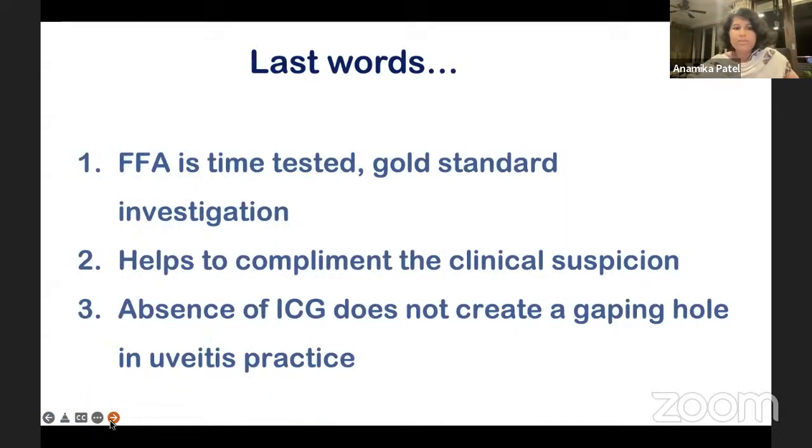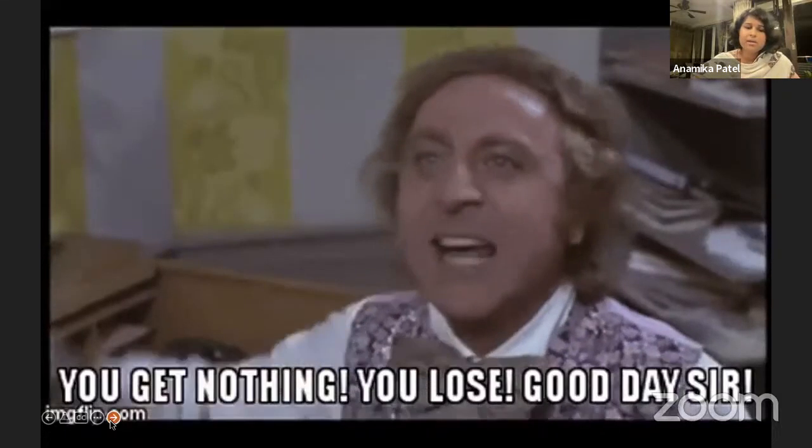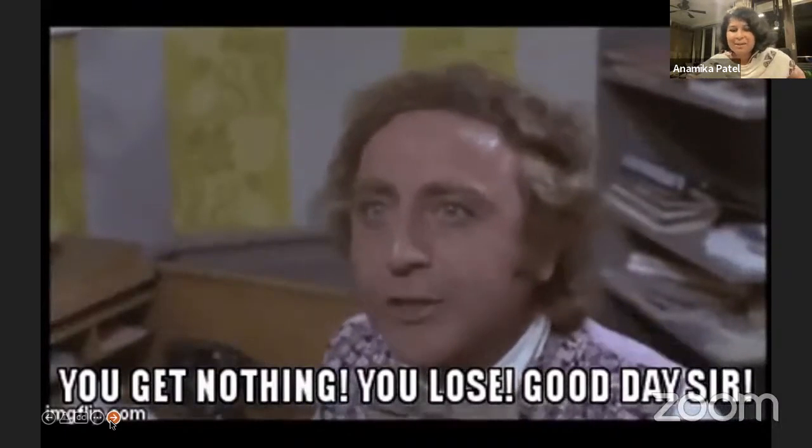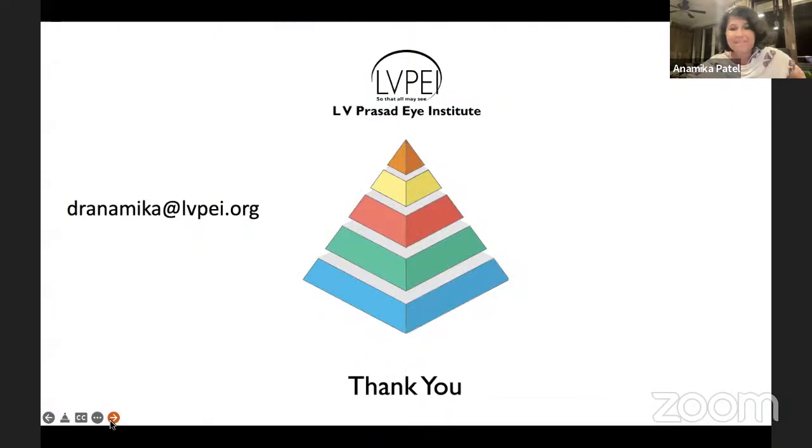So, well, FFA is time tested. It's a gold standard investigation. It helps you in complementing your clinical suspicion. And I urge the uveitis people here, I can assure you that the absence of ICG is not going to create a gaping hole in anybody's uveitis practice. So Anup, I rest my case here. Over to you. Thank you.